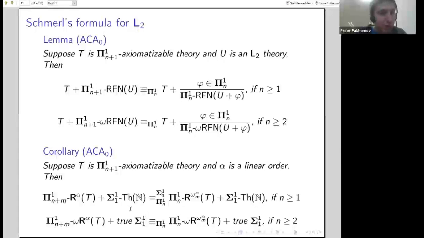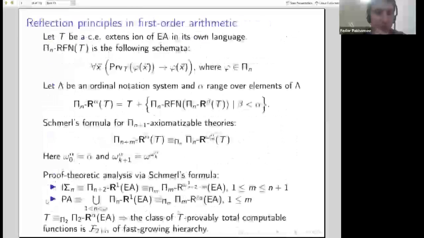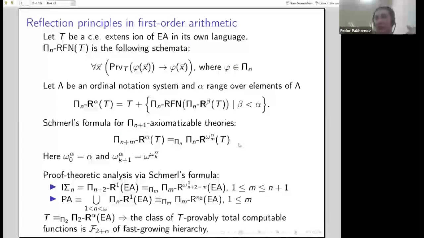And so basically, this allows us to obtain the following Schmerl formula. Sorry, there are some typos. So the important part is that we have direct analogs of the formulas for first order arithmetic. Let me show them again. Here is this formula for first order arithmetic, where you can trade off the levels of the arithmetical hierarchy with omega exponentiations in reflection, iterations of reflection.